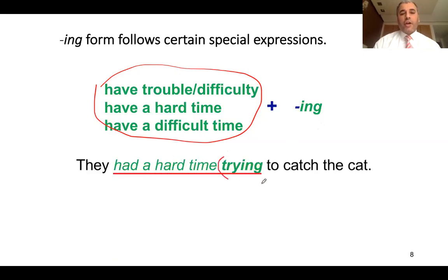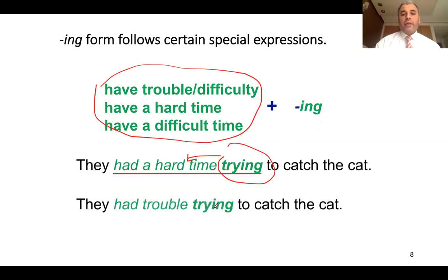You see trying, gerund, after this expression here. Next, they had trouble trying to catch the cat. Again, you have a gerund following the expression had trouble. So these expressions, whenever you have them, you simply need to put a gerund after them.